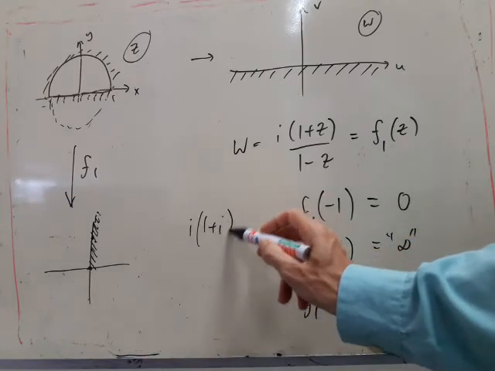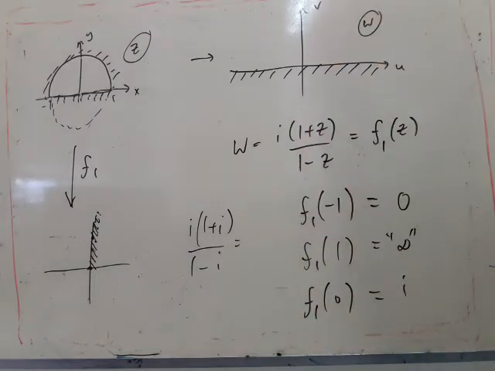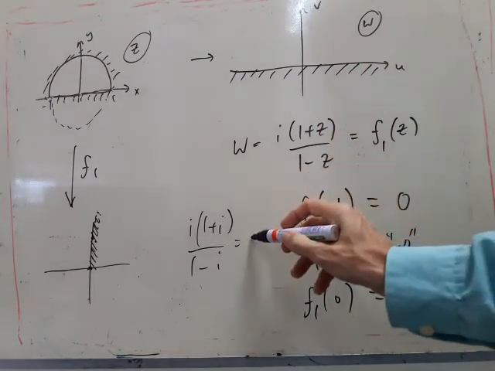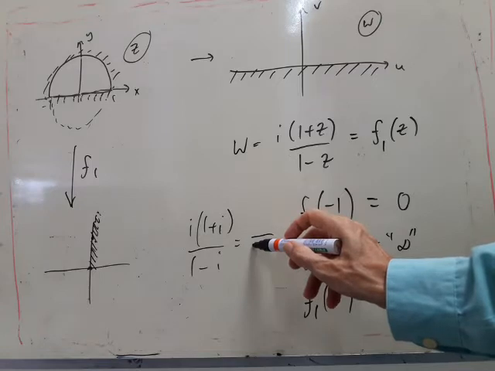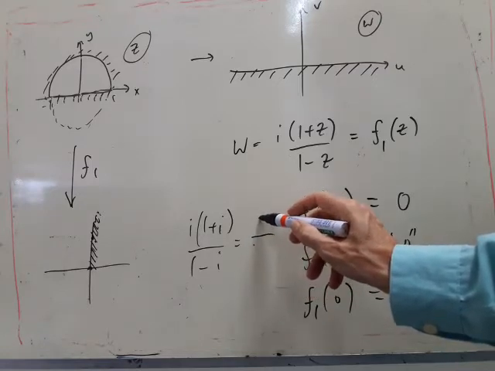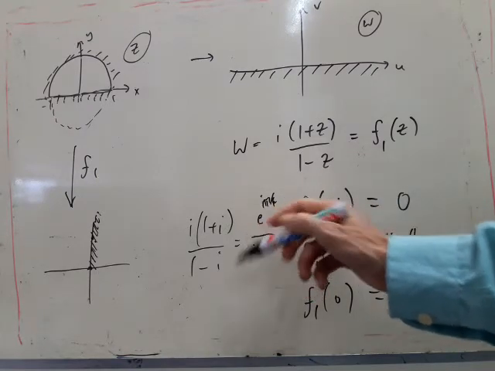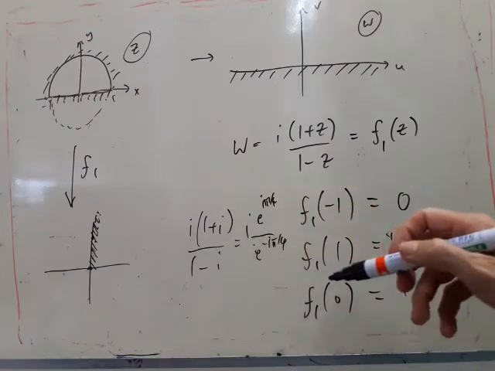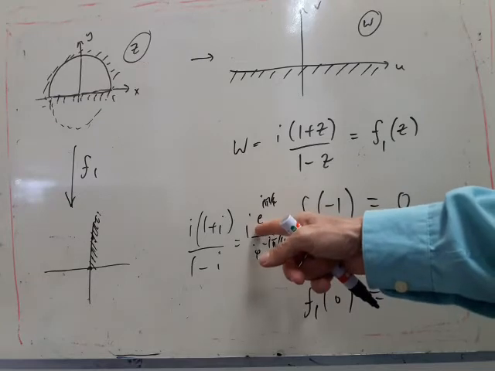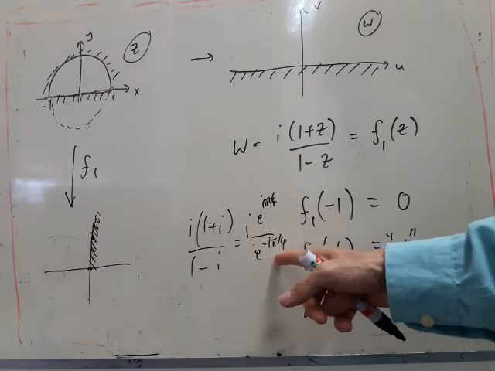i times (1 plus i) over (1 minus i), which is root 2 times e to the i pi by 4 divided by root 2 times e to the minus i pi by 4. This might not be the quickest way of doing it.